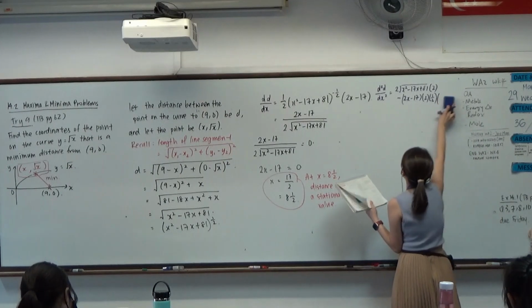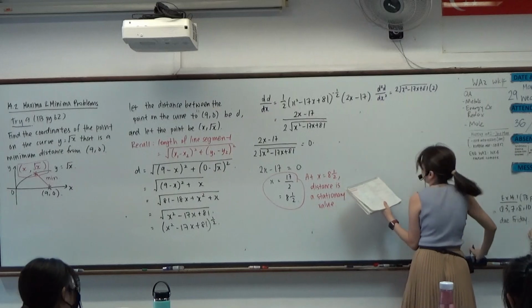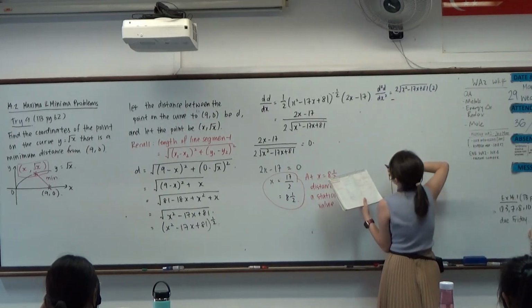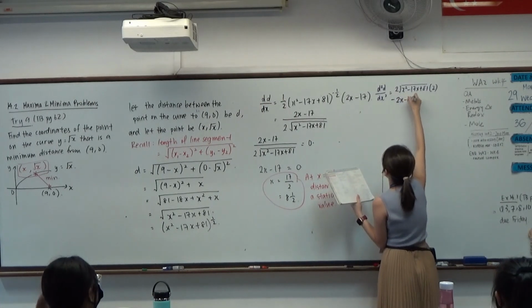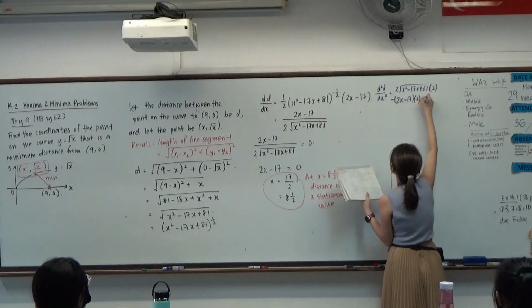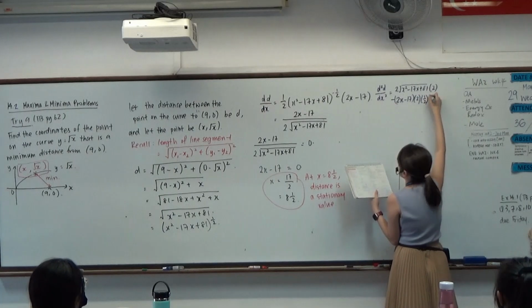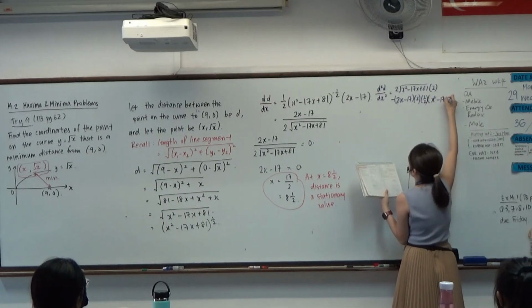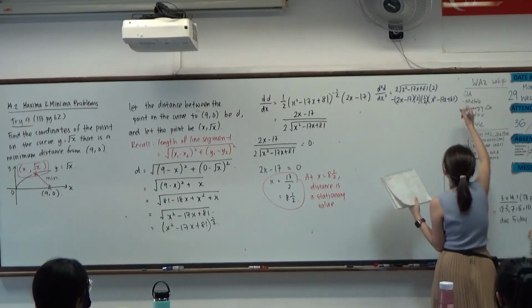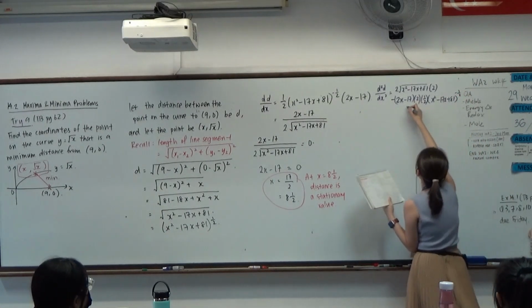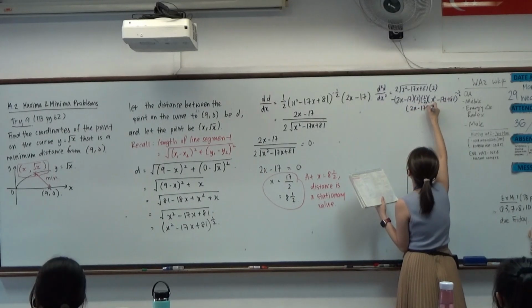Actually at this juncture I feel like giving up. I don't know how you feel, but I find it challenging as well. Keep bottom, differentiate top, keep the top, differentiate the bottom. Power half minus 1 is negative half, and I still need to differentiate the inside.